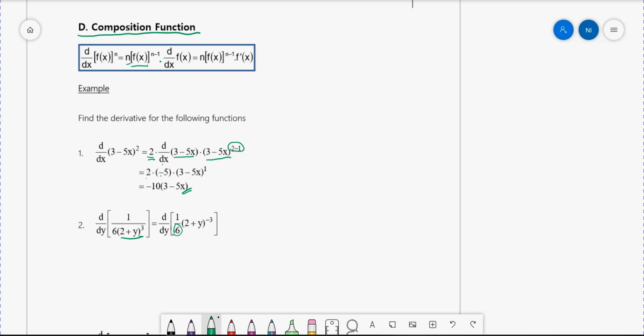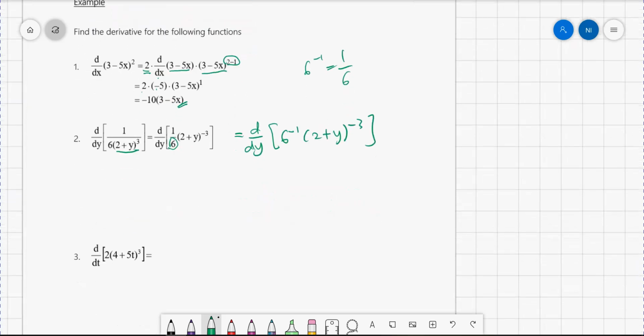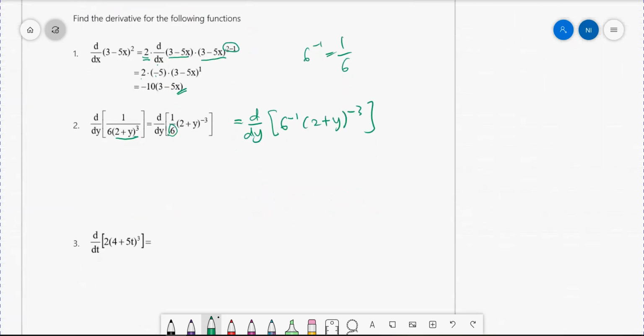If you insist, it should be like this. Since you bring 6 to the numerator, it will be 6 to the power of negative 1, because 6 to the power of negative 1 is equal to 1 over 6. And then here is (2 plus y) to the power of negative 3. It's quite redundant, right? 6 to the power of negative 1. That's why just leave it as 1 over 6 here.